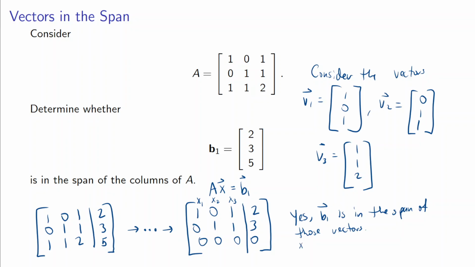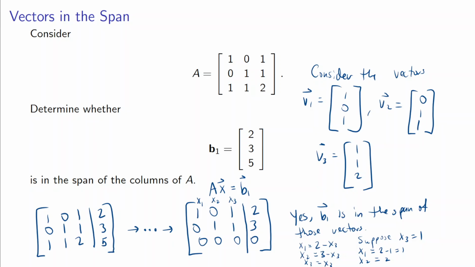We have free variable x3, and x1 equals 2 minus x3, x2 equals 3 minus x3. Suppose, for example, we decide that we want x3 to be 1, then x1 would be 2 minus 1, which is 1, and x2 would be 3 minus 1, which is 2.